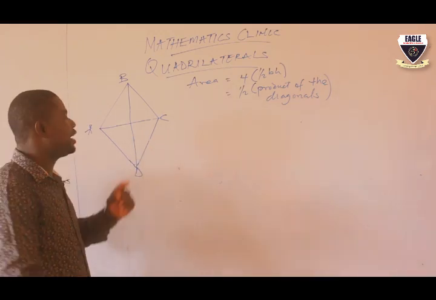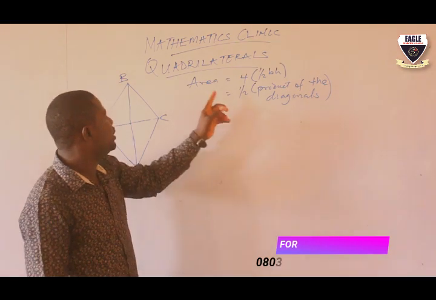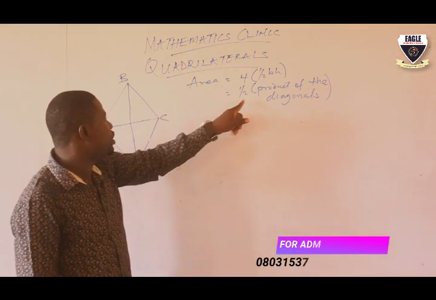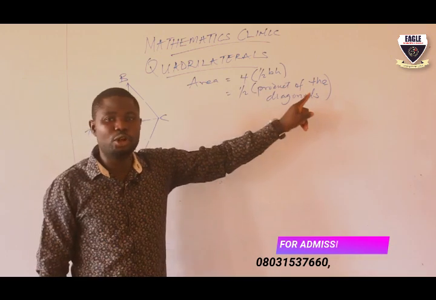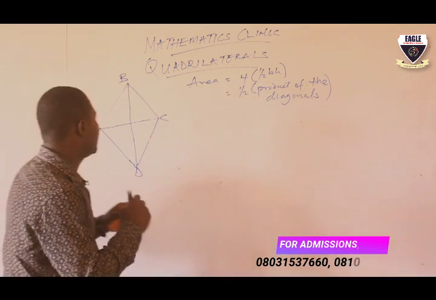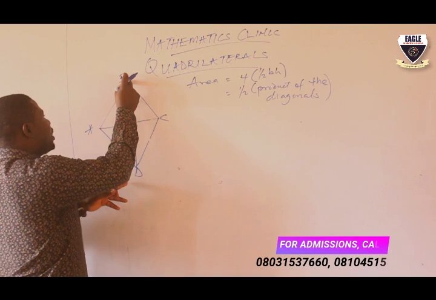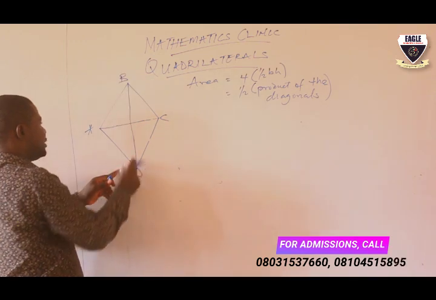I remember I said I want to show you how the area of a rhombus is also half the product of the diagonals. Now we said a diagonal is a line that runs from both ends.